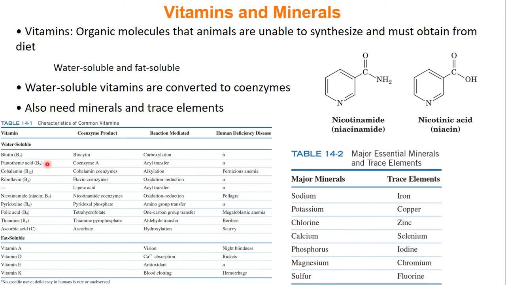Here's just a list of your vitamins. No need to memorize this. And we also need some trace elements and minerals for some of your enzymes to work. For example, zinc is important in zinc fingers that are proteins that bind to DNA. So we need to get all of this stuff along with eating proteins and carbohydrates and lipids, all part of our nutrition.